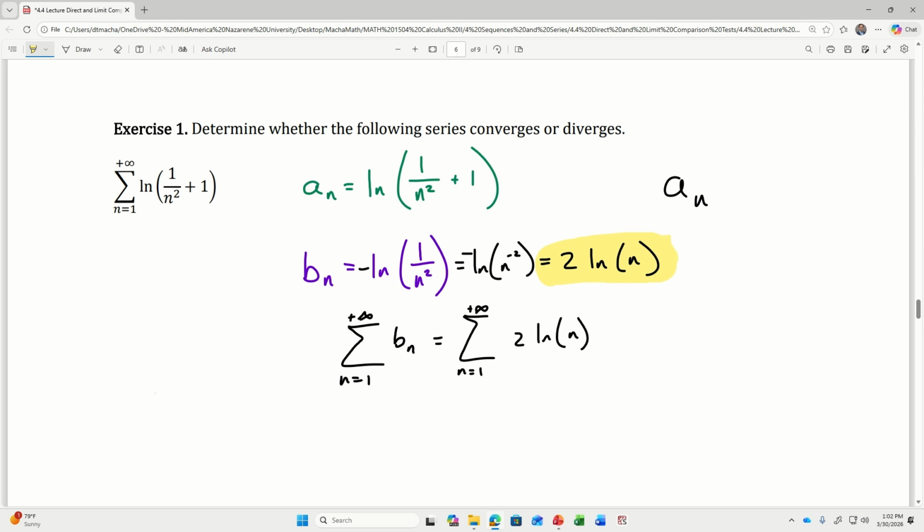as a series. The an, however, is actually going to be shrinking as n grows, because I've got 1 divided by n squared. That number is getting smaller. And so what we're going to find is that an is now less than bn for all n greater than 1.